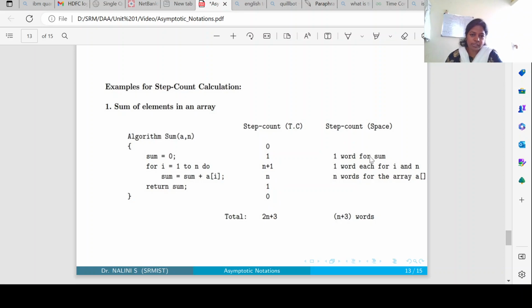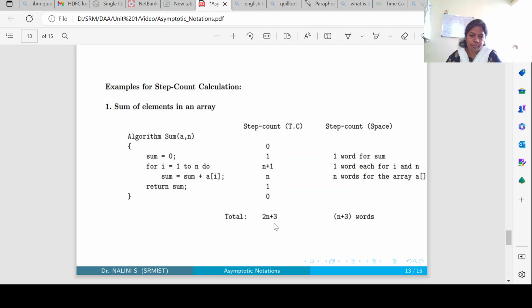Next, calculate the space complexity also. For the first statement, sum equal to 0, it takes one word to store the variable sum. For i equal to 1 to n, this takes one word each for i and n, and for sum equal to sum plus a[i], this takes n words for array A. Total space required for this algorithm is n plus 3 words.